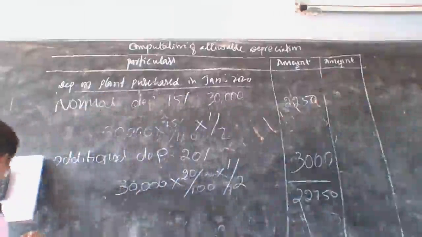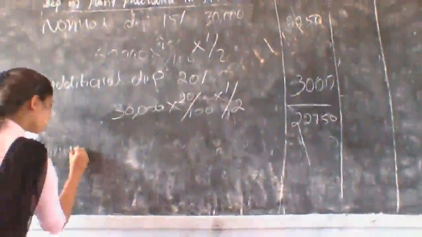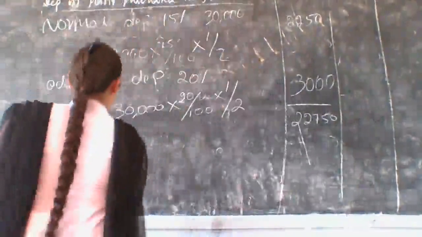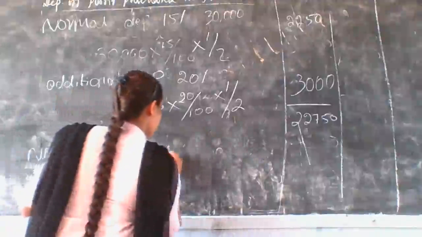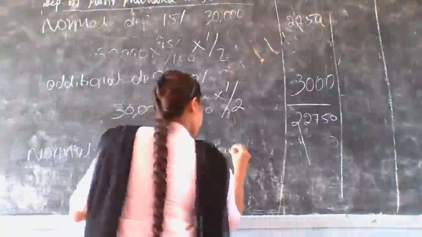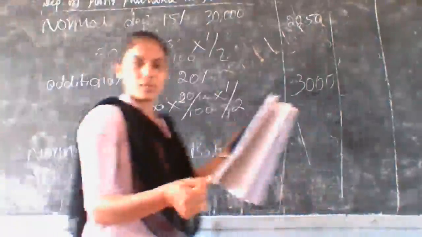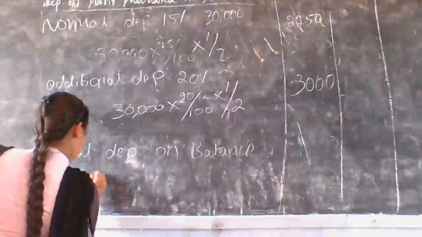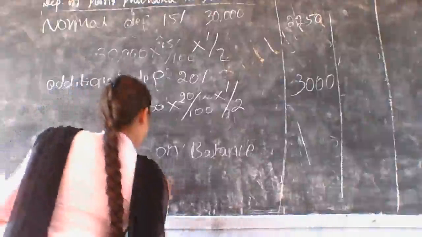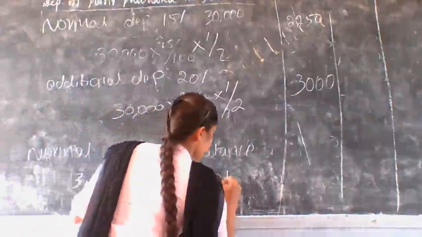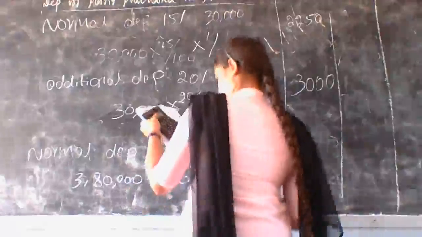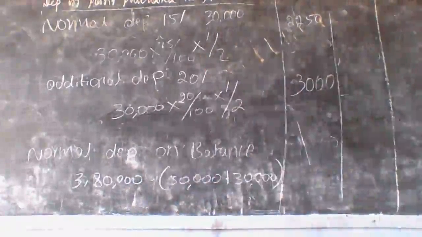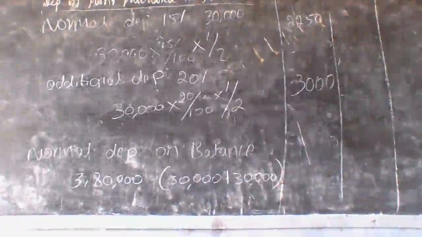Next, normal depreciation on balance. On balance: 4 lakh 80,000 minus 1 lakh, minus 50,000 plus 30,000, so 3 lakh.